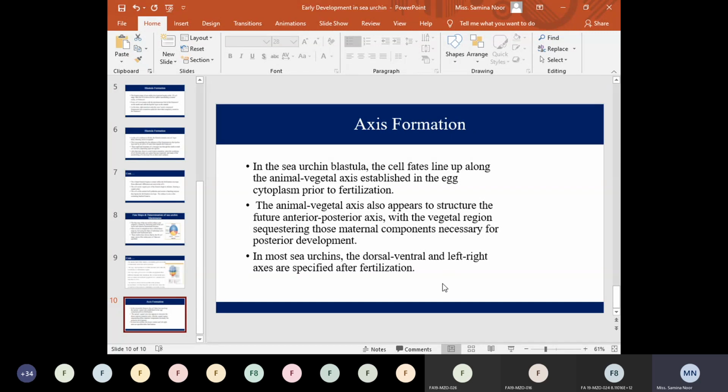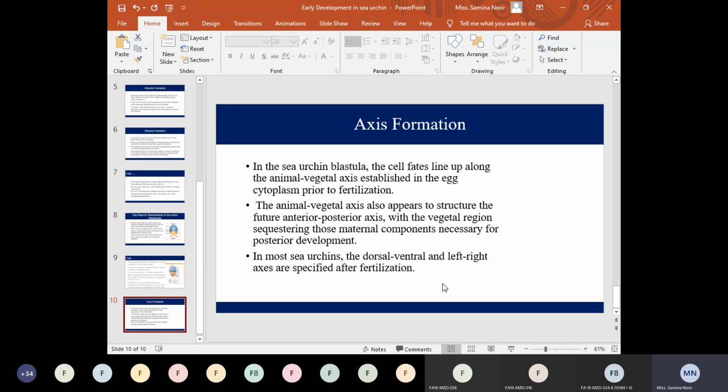So how are such axes specified, or how are cell fates specified into the ectodermal cells or the skeletogenic mesenchyme or the non-skeletogenic mesenchyme? So the embryo, or the early cells which are formed as a result of the early cleavage divisions, must bear certain kinds of determinant molecules.